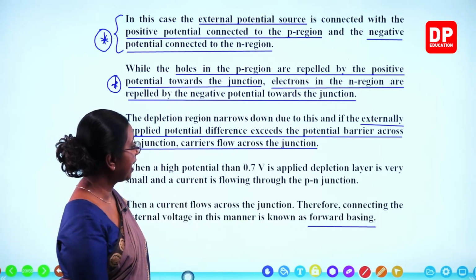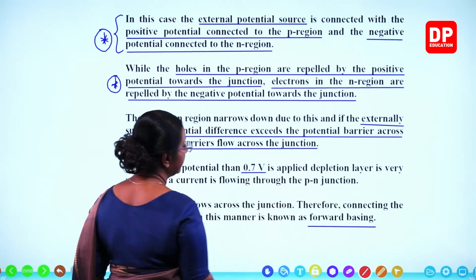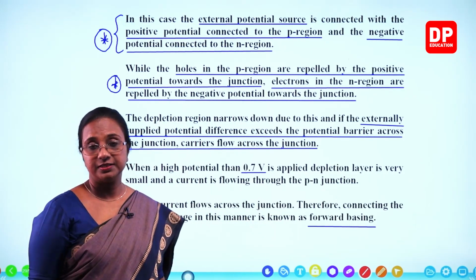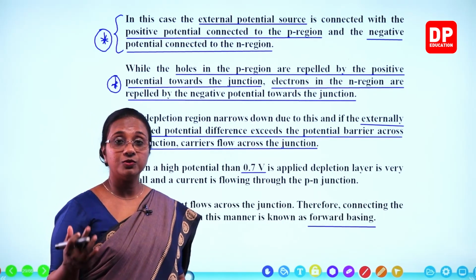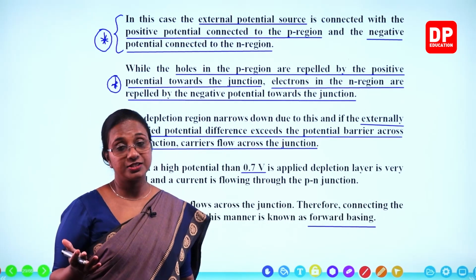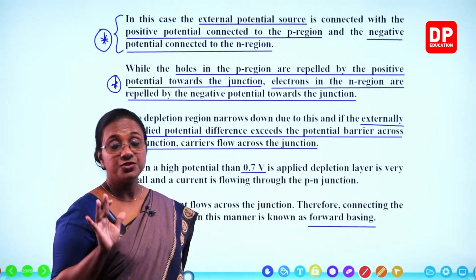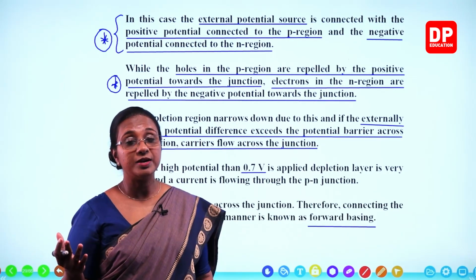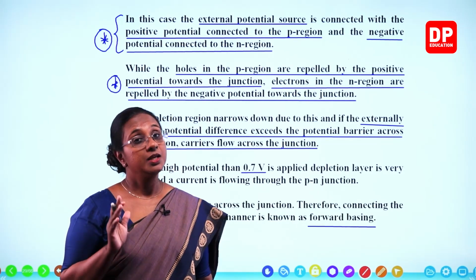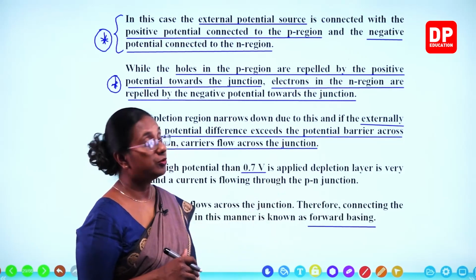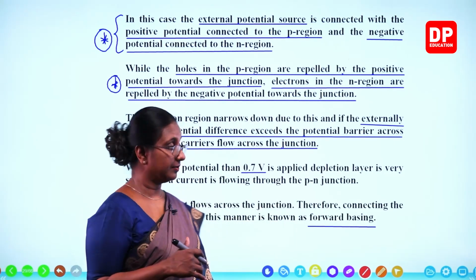So, when you supply a potential greater than 0.7 volt, it is forward biased and the current flows across the PN junction. I am sure students, you all can understand what forward biasing and reverse biasing are. So, with that, I am going to move on to the next slide.